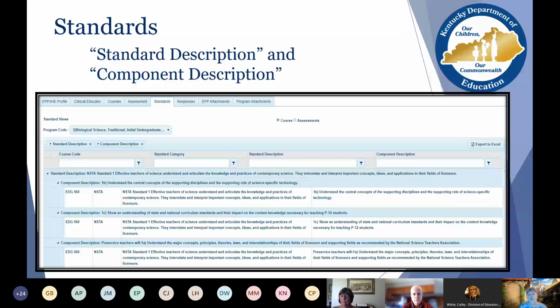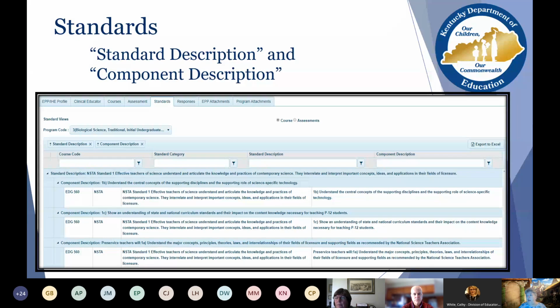One of the ways a content reviewer can sort this information to determine which standards and elements have been aligned to the courses is by dragging and dropping the standard category or the description or the component description, and it'll sort those in that order.